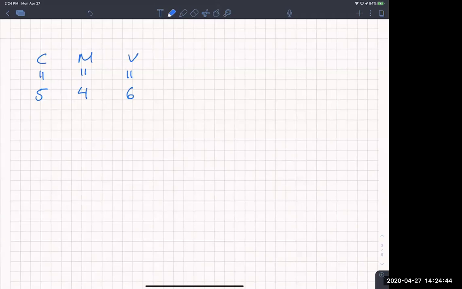If you can only choose one from each of these categories, how many different pizzas can you get? Calculate, please. How many different combinations of pizzas can we get if we have a choice of 5 crusts, 4 different meats, and 6 different vegetables?